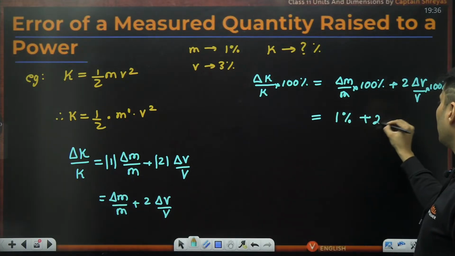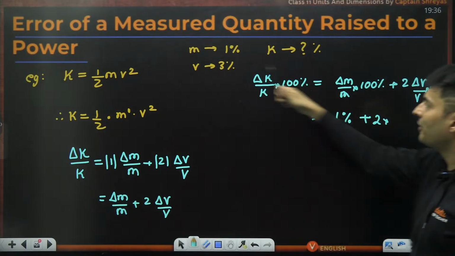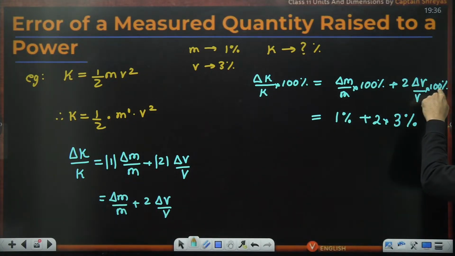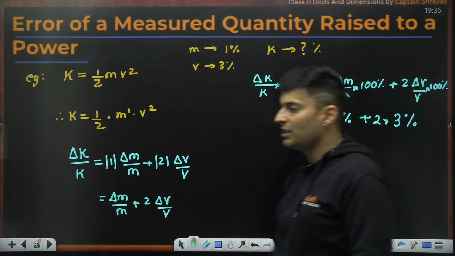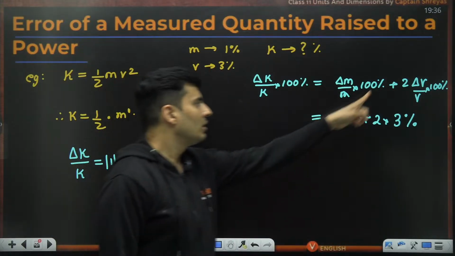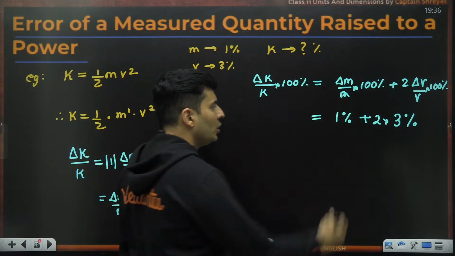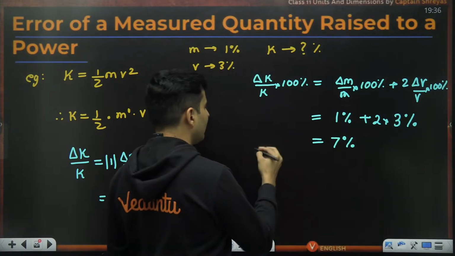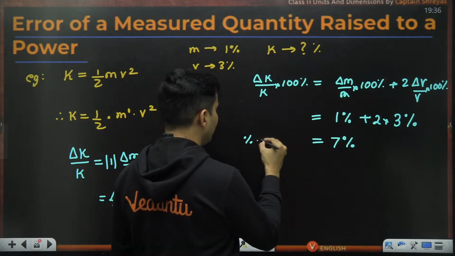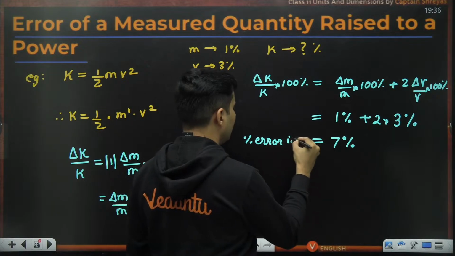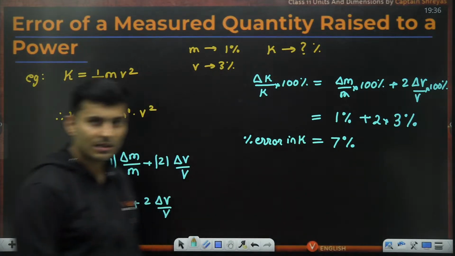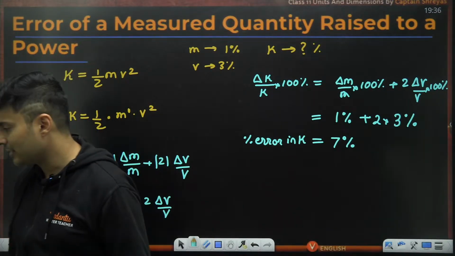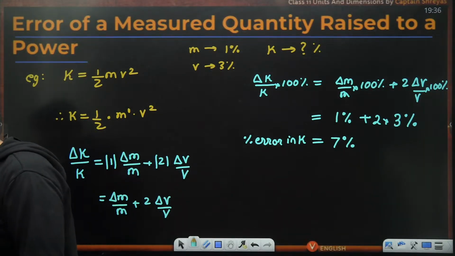This is nothing but 2 times error of velocity, which is 2 into 3%. Delta v by v into 100 is percentage error of velocity. So that number 2 has to be multiplied. So 2 3s are 6, 6 plus 1 is 7. So 7% error is there in kinetic energy. So if the percentage errors are given directly, you can do the problem very, very easily. Okay, I hope this is clear.